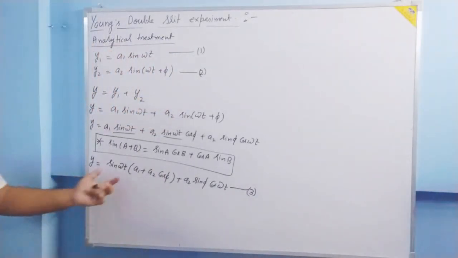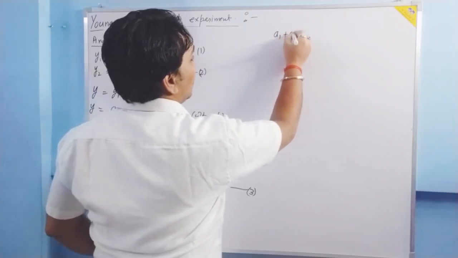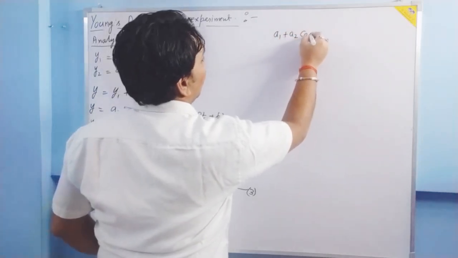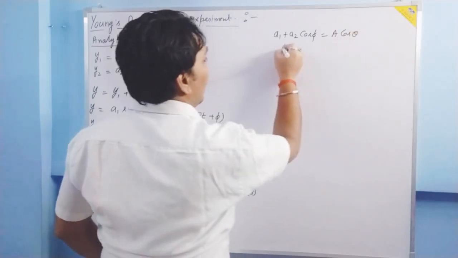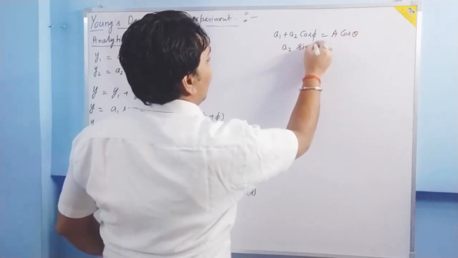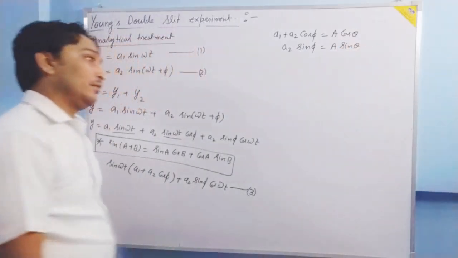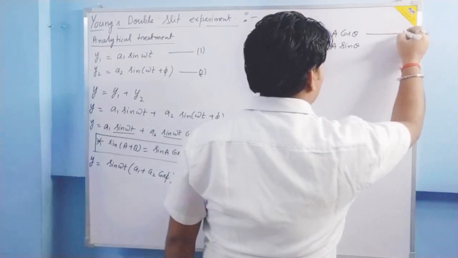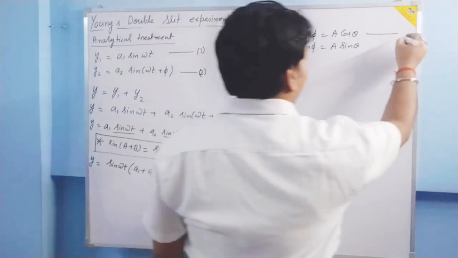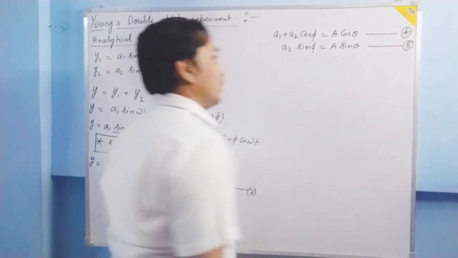Now to solve this, we are going to suppose something, and that something is A1 plus A2 cos phi is equal to capital A cos theta, and A2 sin phi is equal to capital A sin theta. Okay, this we are supposing to solve this to make the equation of resultant displacement.